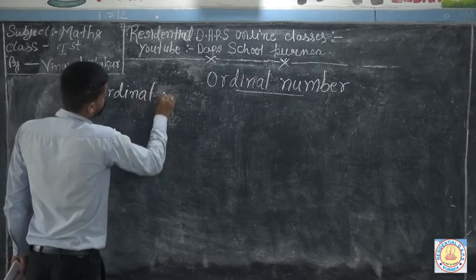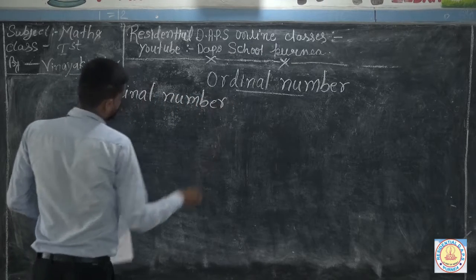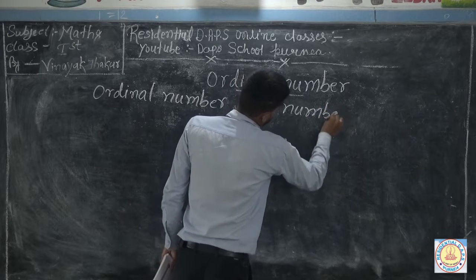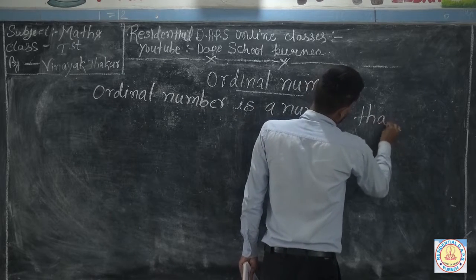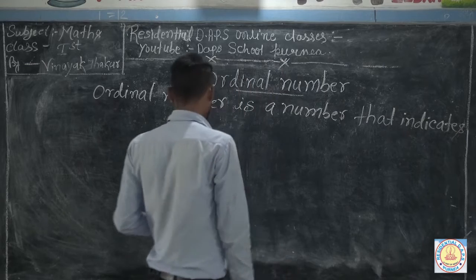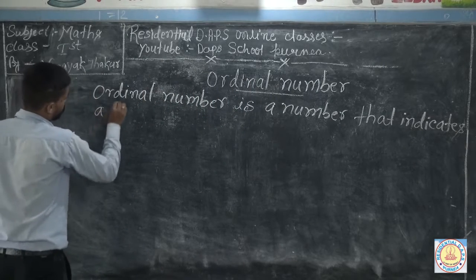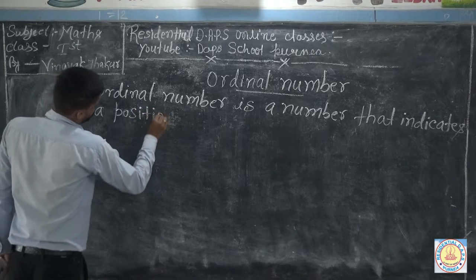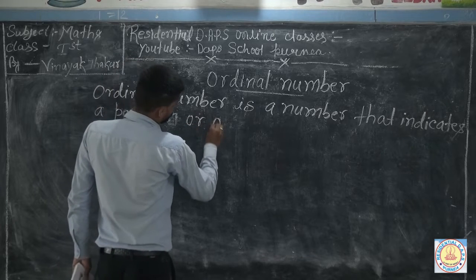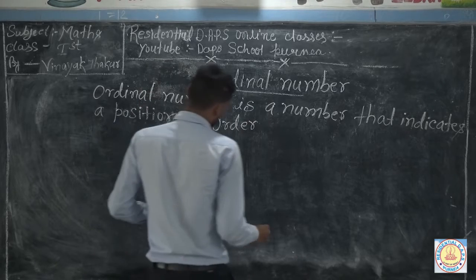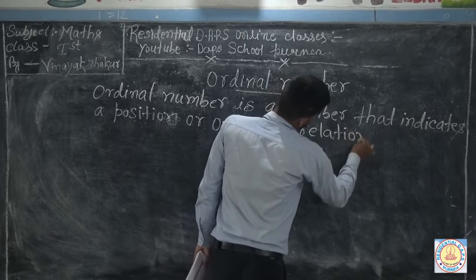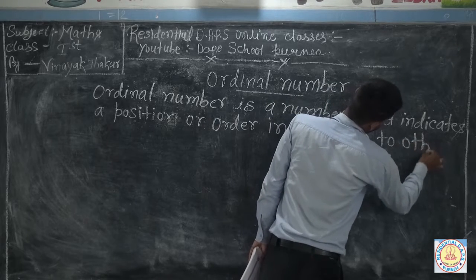An ordinal number is a number that indicates only its position or order in relation to other numbers.